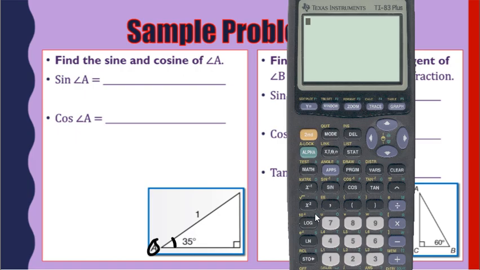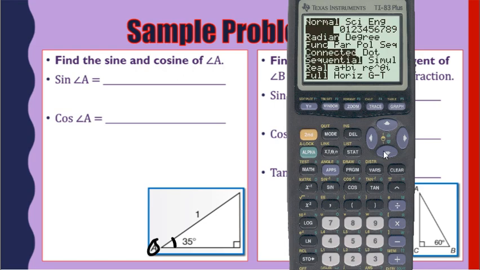So I'll have to hit sine and then the degree, which they gave me 35, then hit enter. I gotta make sure in my mode, you can see I'm in radians. I need to make sure I'm in degrees.